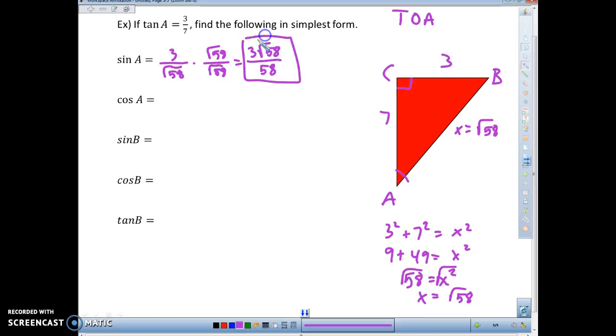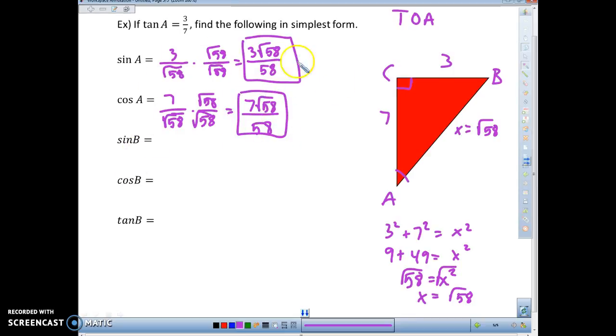And that's fine just like that. Cosine of A is adjacent over hypotenuse, so I have 7 over radical 58. Again, rationalize that guy. And we get 7 root 58 over 58.